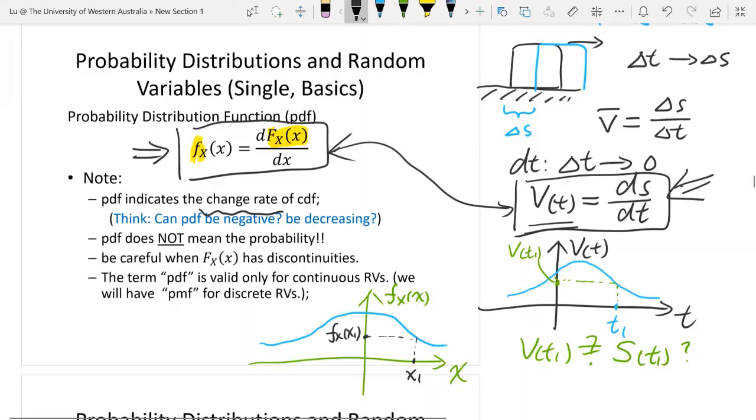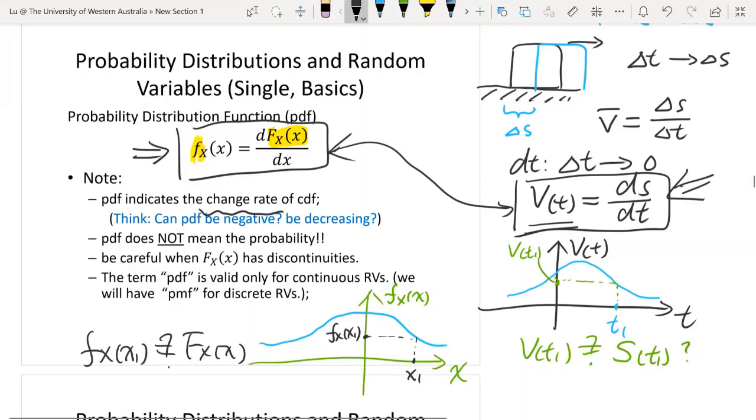Then can we say this f_X(x1) is just the CDF function value? The answer is no, for the same reason. That means a single point on the PDF function curve is not indicating a probability.